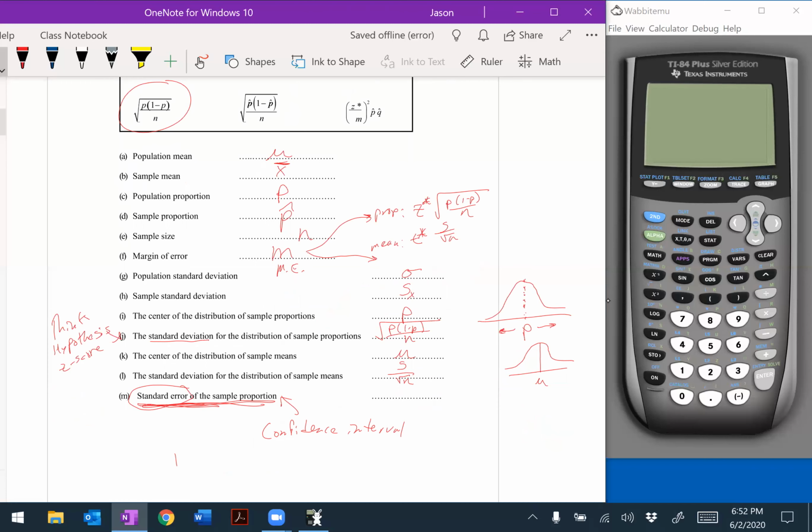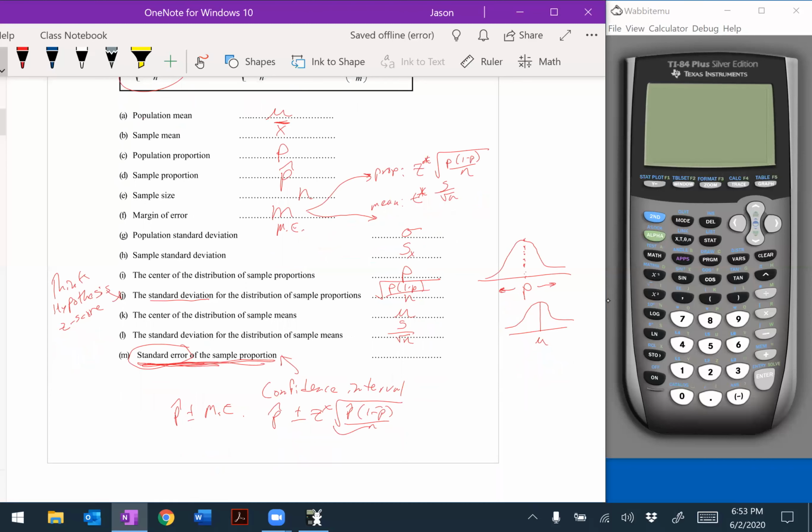It's p hat plus or minus the margin of error for a confidence interval. That's p hat plus or minus z star times the square root of p hat times 1 minus p hat all over n. And what is this guy here?